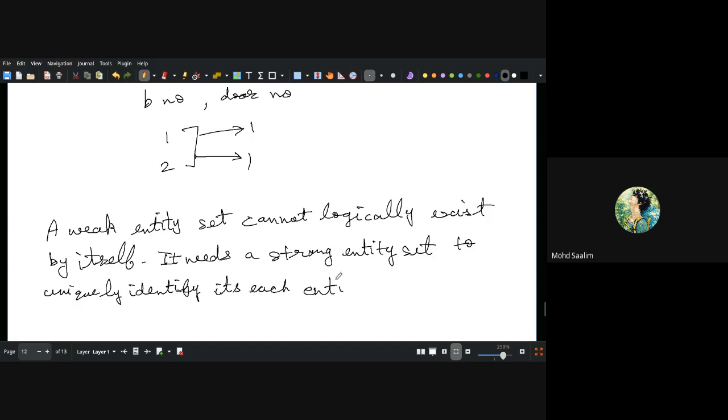And by entity you can mean every single row. So I'm always translating the terms of the ER model to the terms of the relational model. So a weak entity set cannot exist by itself. It always needs a strong entity set with it to uniquely identify its every single row, every single entity.